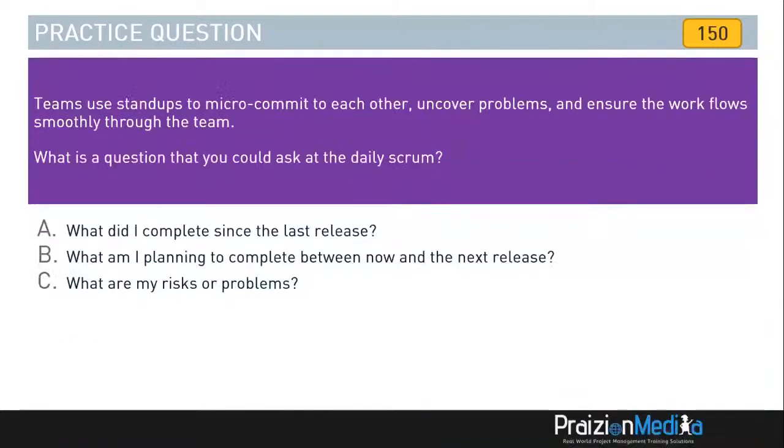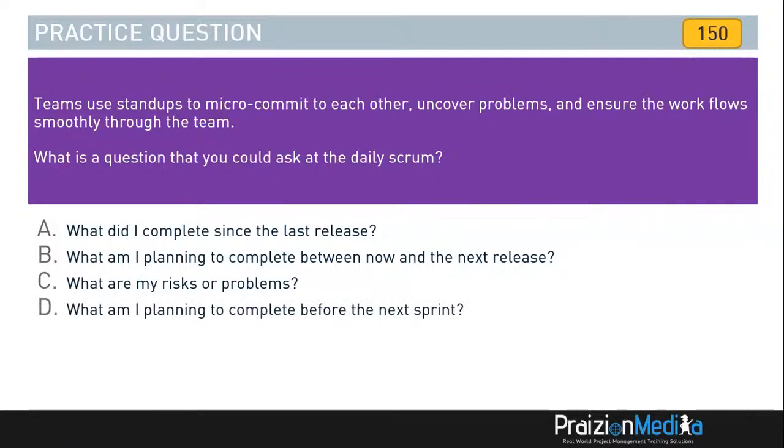Next question. Teams use stand-ups to micro-commit to each other, uncover problems, and ensure the work flows smoothly through the team. What is a question that you could ask at the daily scrum? Is it A, what did I complete since the last release? B, what I'm planning to complete between now and the next release? C, what are my risks or problems?